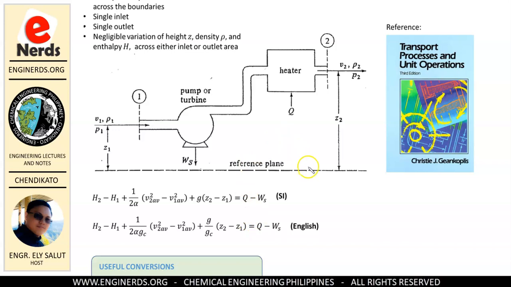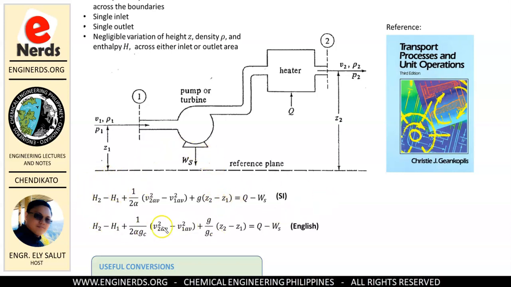So, hindi na tayo magdi-discuss pa more about the derivation. Now, if you're really interested to know kung paano na-derive itong equations natin, you can always refer to the book. Okay, but to save time, we are just going to talk about these equations and we are going to solve a problem para makita natin kung paano ina-apply itong ating equation.